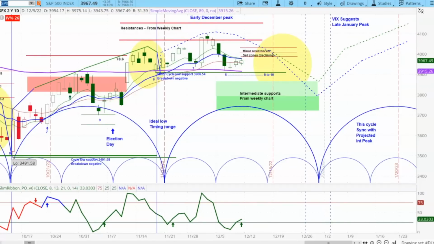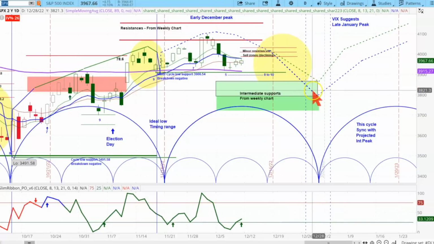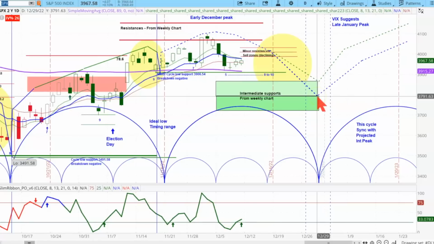So it's a pretty good likelihood that we're going to see a failure in here, an attempted rally out over here somewhere, which would be, in my opinion, a very high probability short sale for short-term traders, and then a move downward again towards the end of the year.